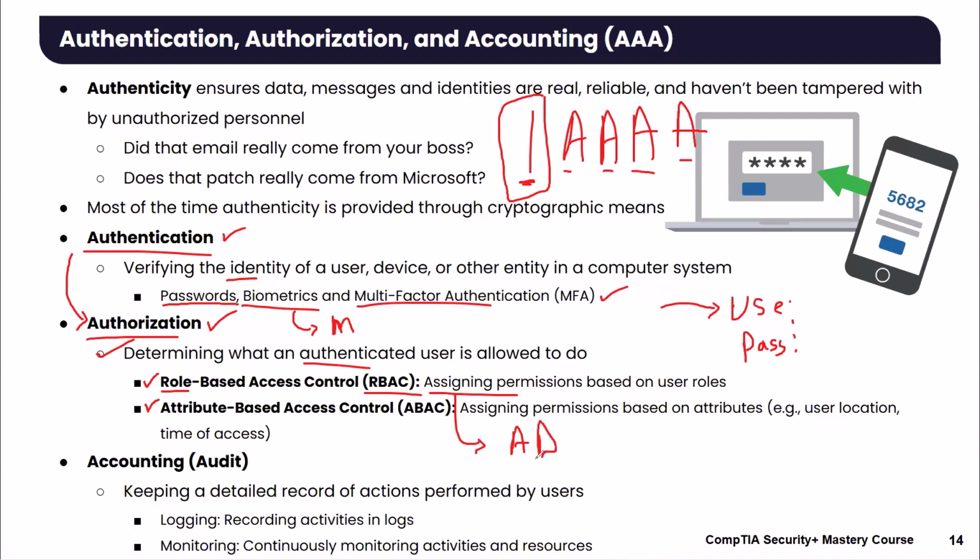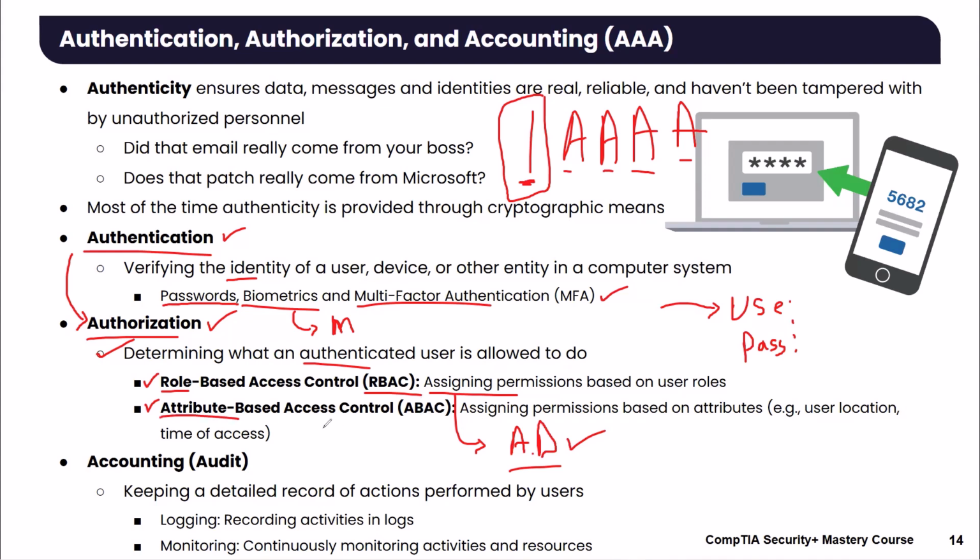Have you heard about that software from Microsoft? AD, Active Directory. There's one tool that you need to learn, and that is AD. You can also learn Azure AD, the cloud one. It's okay, but you got to learn Active Directory because it's used by a lot of enterprise companies. So with role-based, we assign permission to people based on what they do at the company.